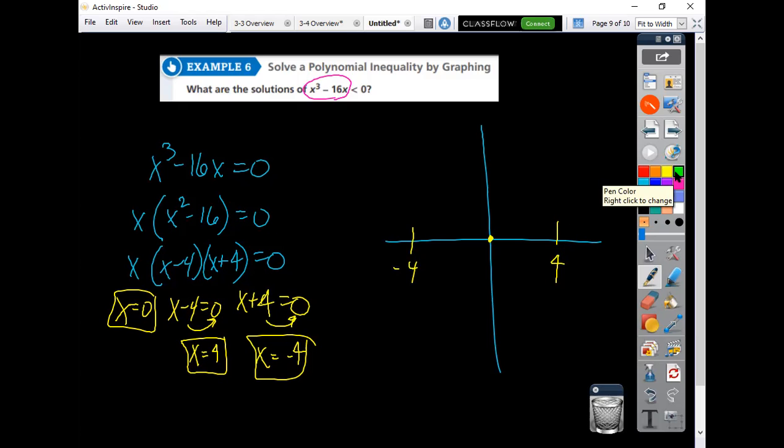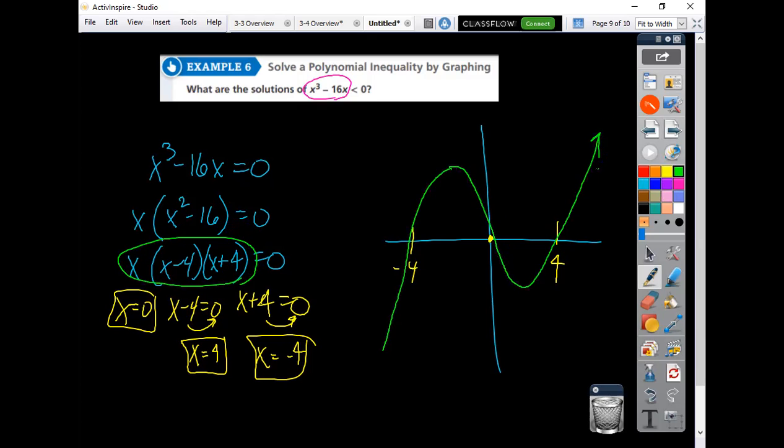One way to do it would be an x cubed, and it's not been flipped because it's a regular x cubed, right? So that would be coming from below, has to go through. None of these zeros were squared, so we saw how if it has a squared on it, it bounces off, and then it would come back down and going back up again.